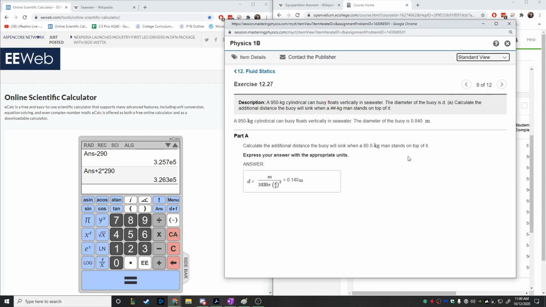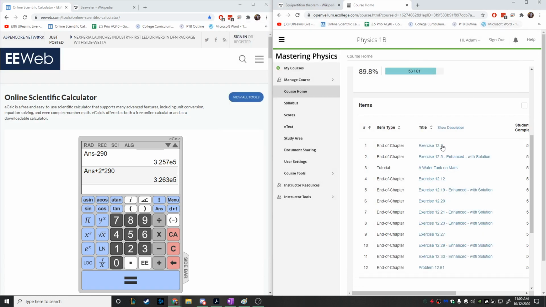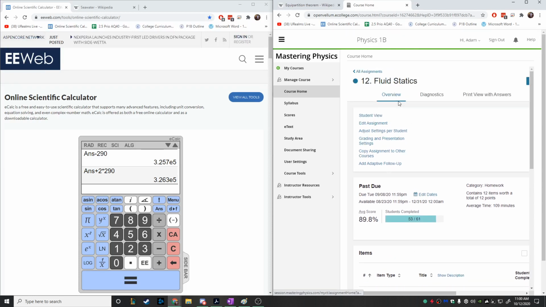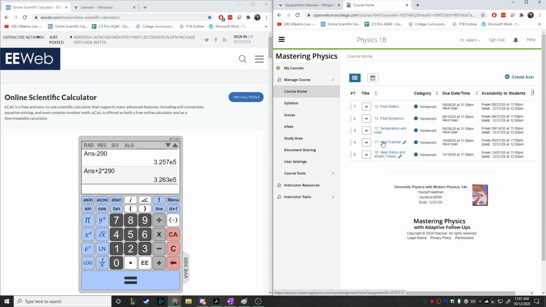No, not this one. There we go. These problems are so easy. Anyway, the clock. So here's a problem. Normally I would love to go over all these problems with you guys, but since we're doing an exam on it, it kind of feels weird. The clock is from which chapter? Is it from 17? Okay. The one on heat transfer or temperature and heat?